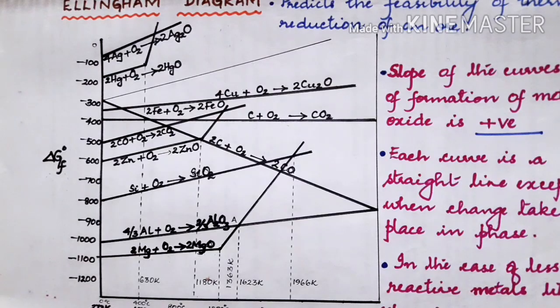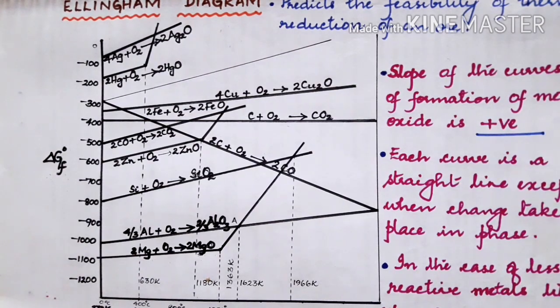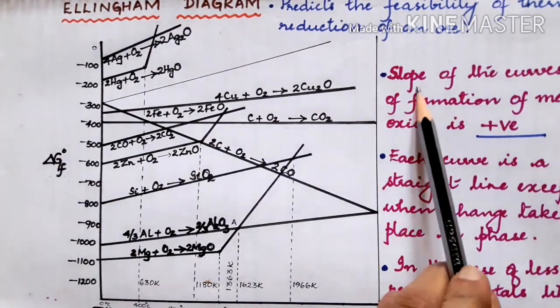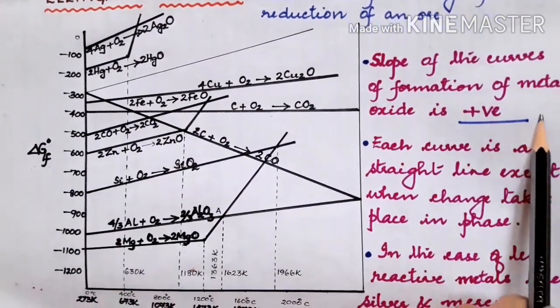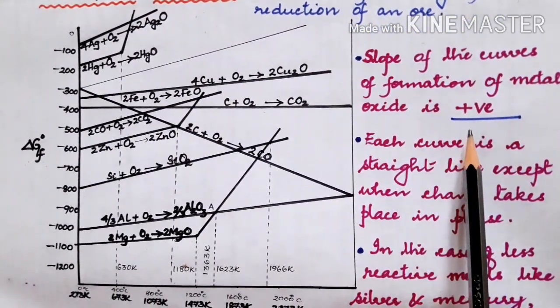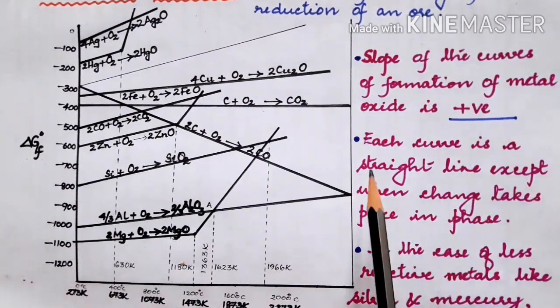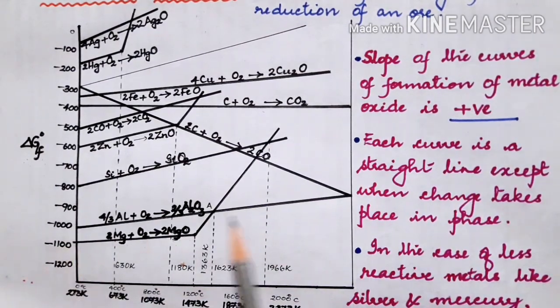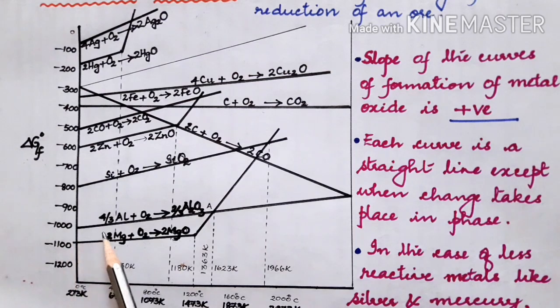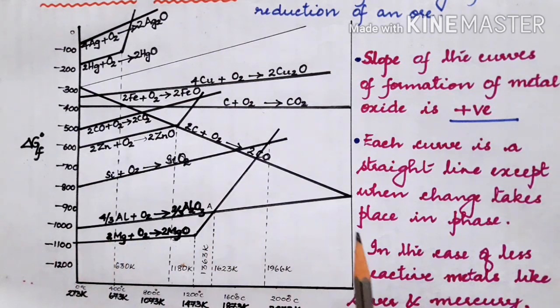The following observations can be made from the Ellingham's graph. First, the slope of the curves of the formation of the metal oxide is always positive. Second, as long as the reaction is happening in the same phase, there is no change in the slope of the curve.